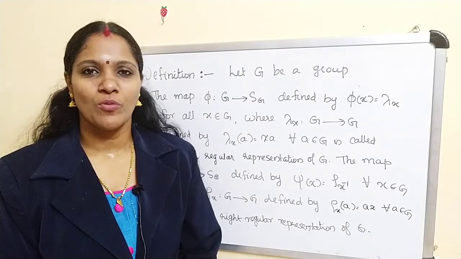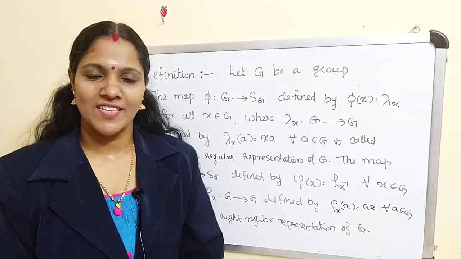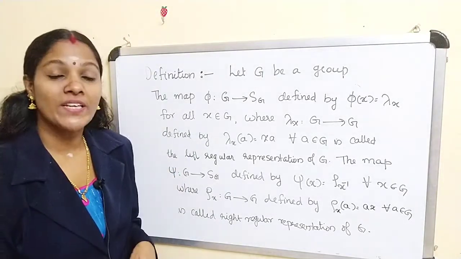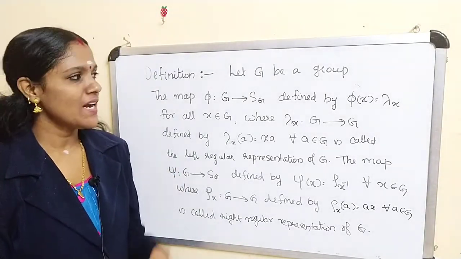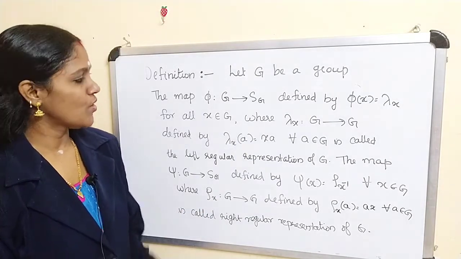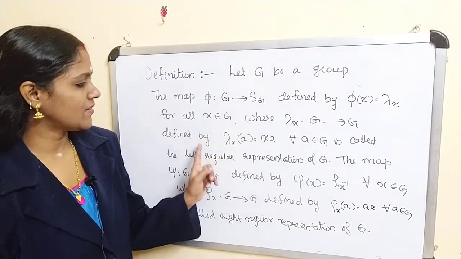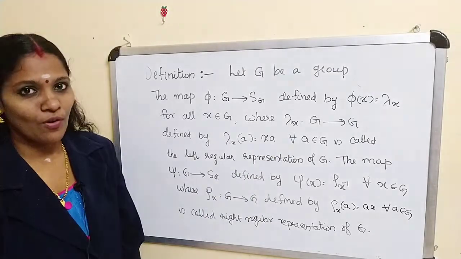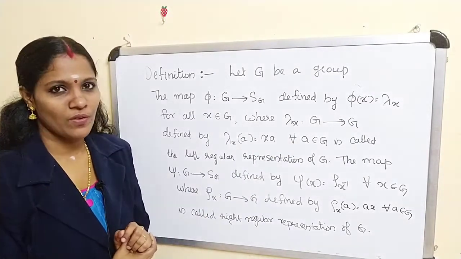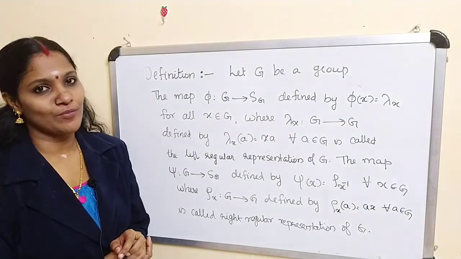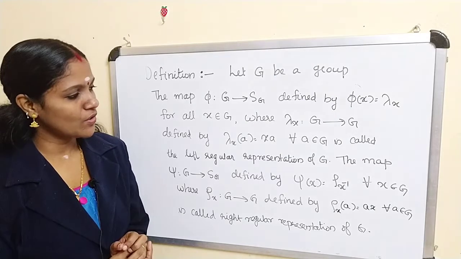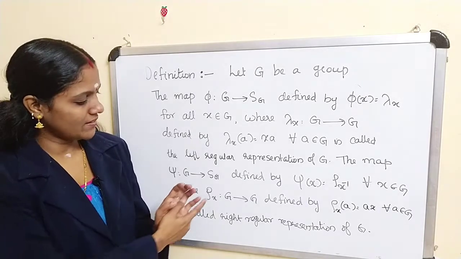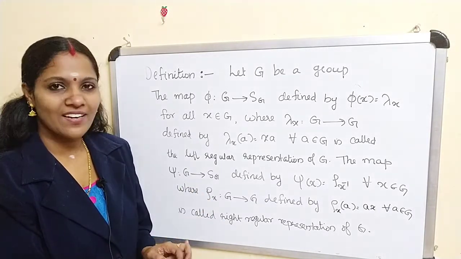Now we are moving to the definition of left regular representation and right regular representation of the group G. So let G be a group, then the map phi from G to S_G defined by phi of x equal to lambda x for all x belongs to G, where lambda x of a equal to xa for every a belongs to G, is called the left regular representation of G. Similarly, the map psi from G to S_G defined by psi of x equal to rho x inverse is called the right regular representation of G, where rho x is a map from G to G defined by rho x of a equal to ax.